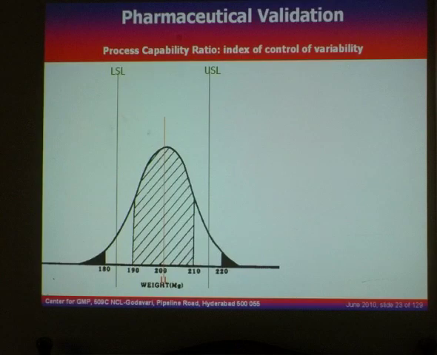If the distance between the rails, the numerator, is smaller than the distance between the tails, that is 6 sigma, the numerator is smaller than the denominator, process capability ratio is less than 1. Because part of the tail is outside the left rail, part of the tail is hanging outside the right rail.